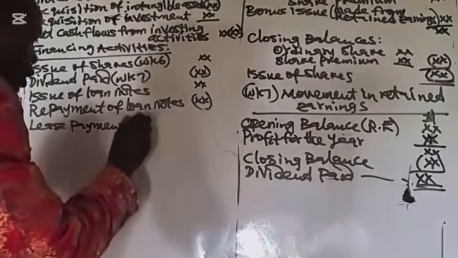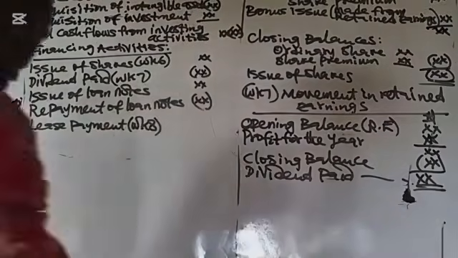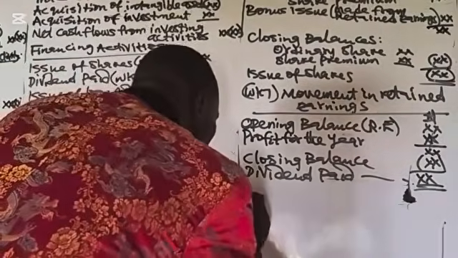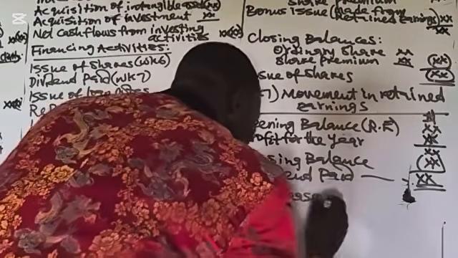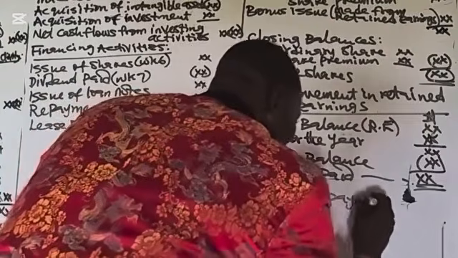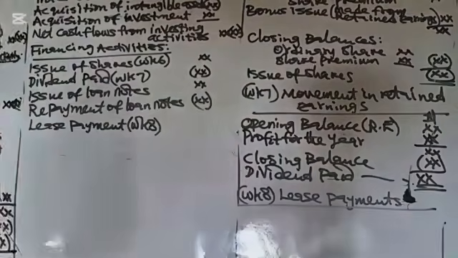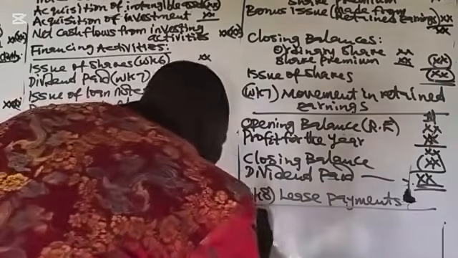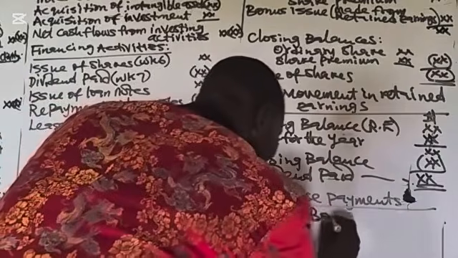Let me have this as working number 8, lease payment. As usual, we start with the opening balances.